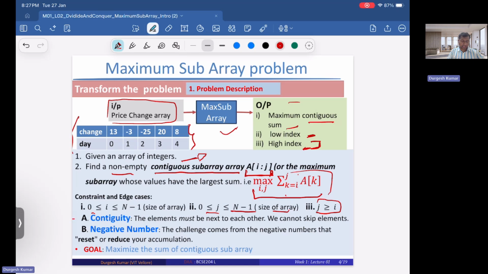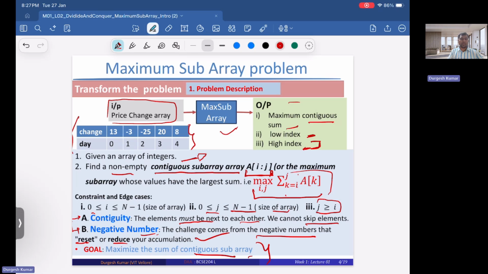The constraint can be divided into two parts. Contiguity: elements must be next to each other. You cannot skip any element. Negative numbers: there is a special challenge, or edge cases, associated with negative numbers, because a negative number will reset or reduce your net sum. So this is our final goal, maximize the sum of the contiguous subarray.